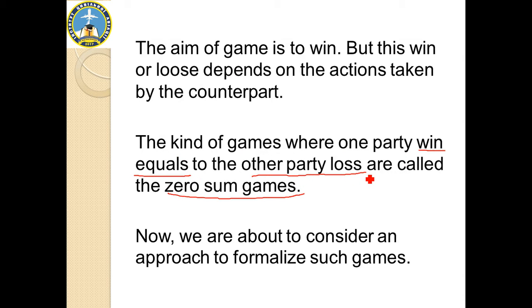So basically we describe with the same number the win by one party, and the win for one party means exactly the same amount of loss for the other party. So we can start considering this game with the payoff matrix which we considered before when we considered games with nature.